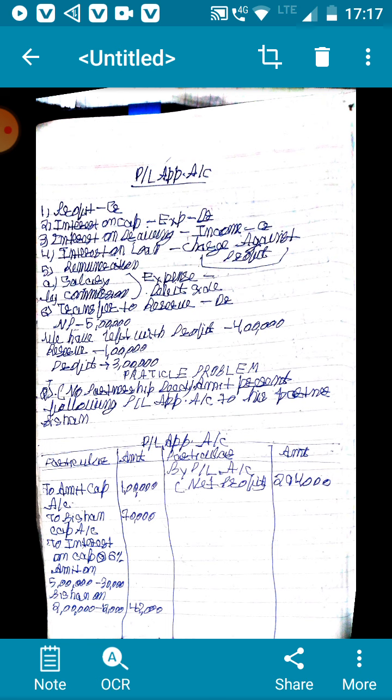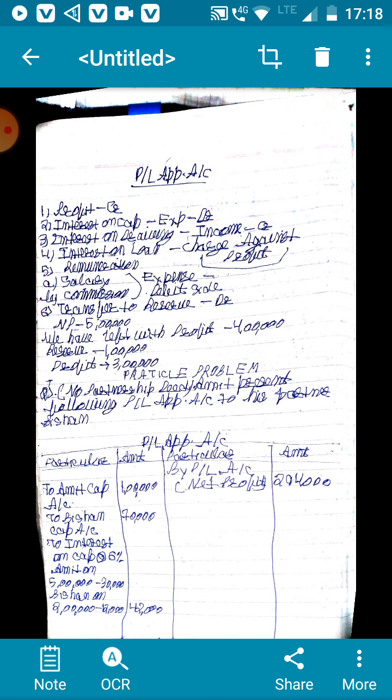Now we are left with 4 lakh because we have deducted interest on capital and salary from the net profit of 5 lakh, which is debited to the profit and loss appropriation account.